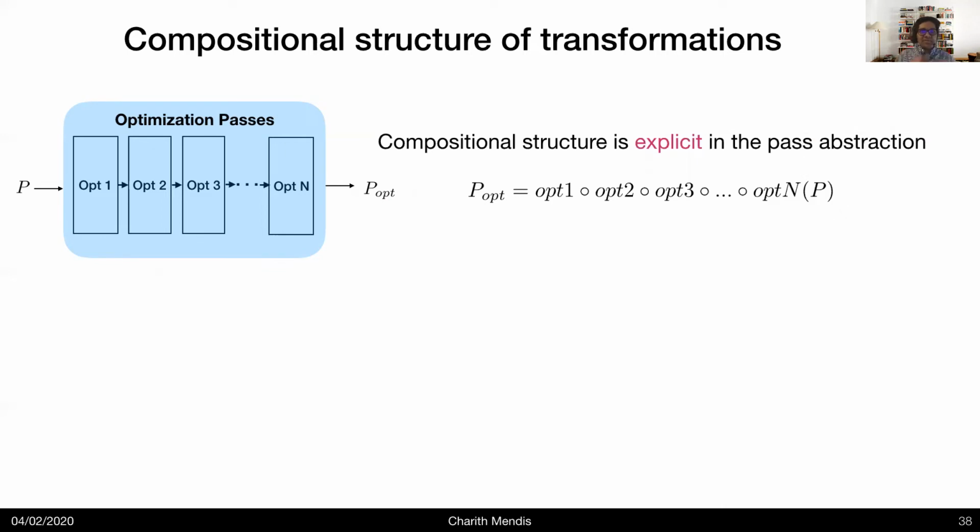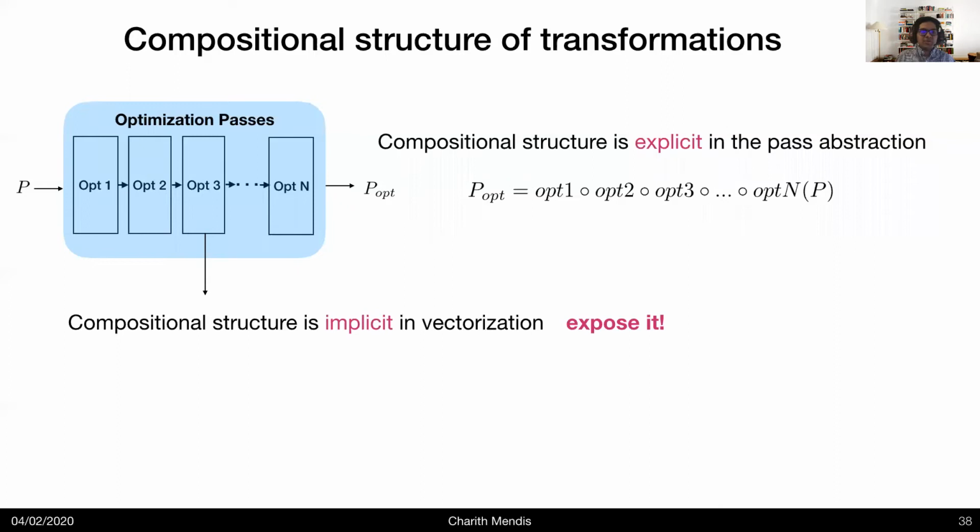Instead of writing the compiler as one monolithic object, you write it as a set of passes which are applied sequentially one after the other. And the sequential application still preserves the correctness of the code. If you look closely at an individual pass, this compositional structure is still there, but it is implicit. So my solution is to expose it.